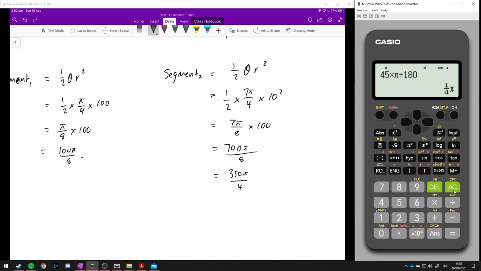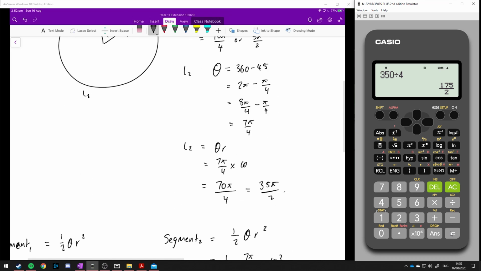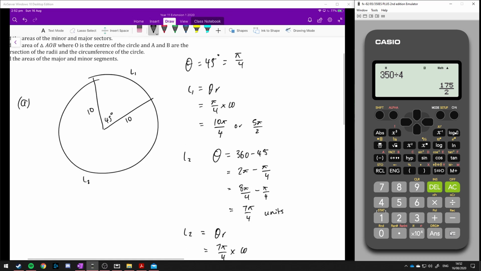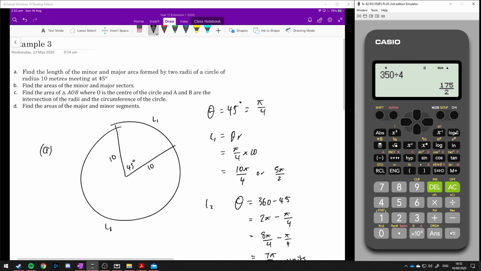I don't know if that gets any smaller. Probably 175 pi on 2, yeah. So 175 pi on 2. And that's our unit, so that's units squared, whatever the unit is. I think it was meters. Yeah, meters. There you go.